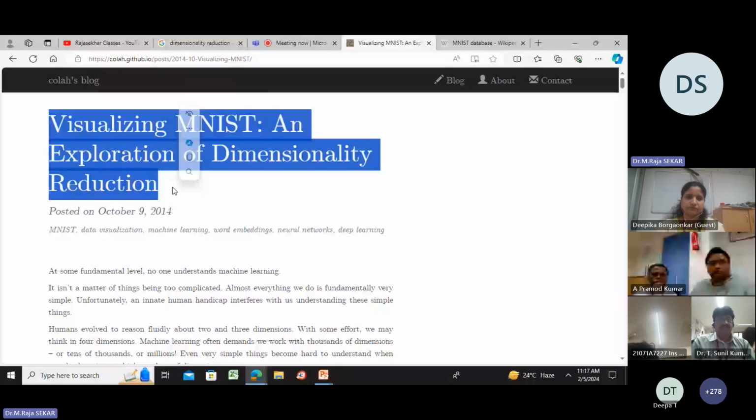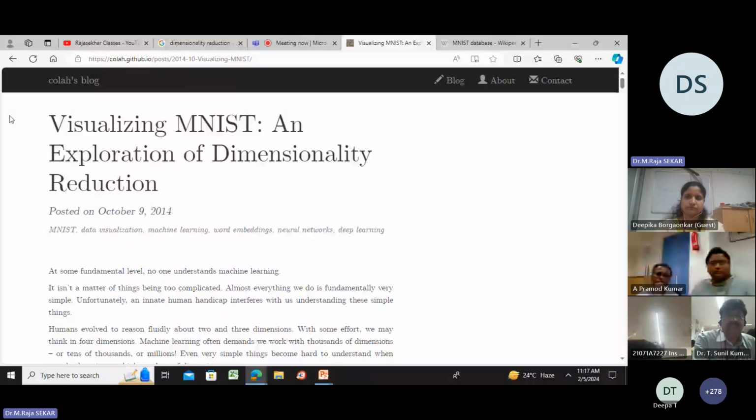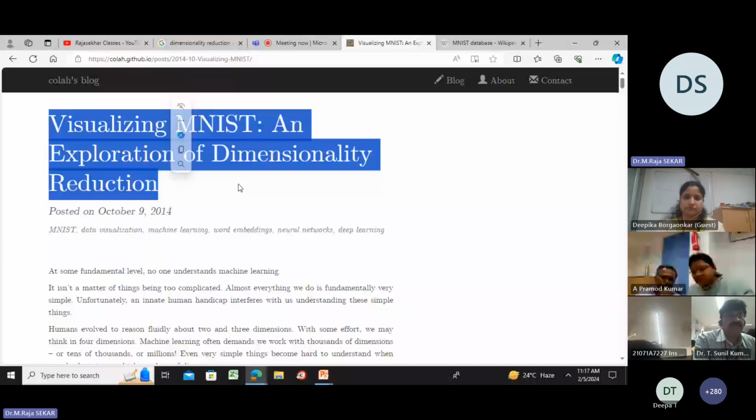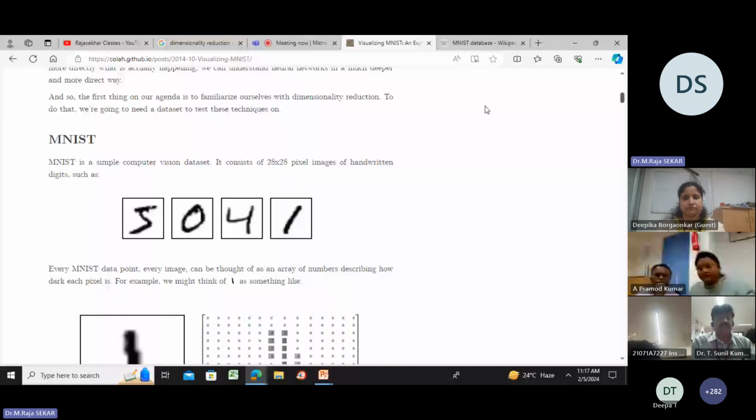It was published in 2014 by one of the greatest machine learning engineers. It is titled visualizing MNIST, an exploration of dimensionality reduction. Let me go through these pages. Actually, he collected a data set, which is basically the MNIST data set. MNIST is a simple computer vision data set.